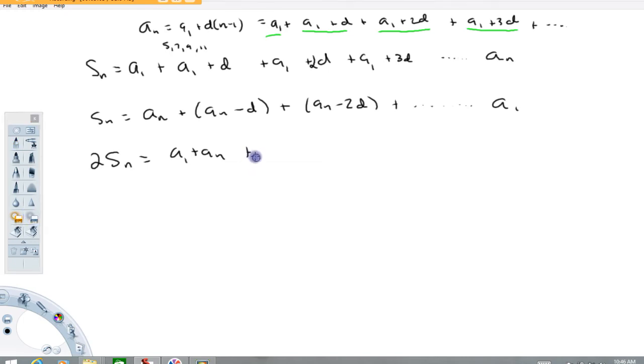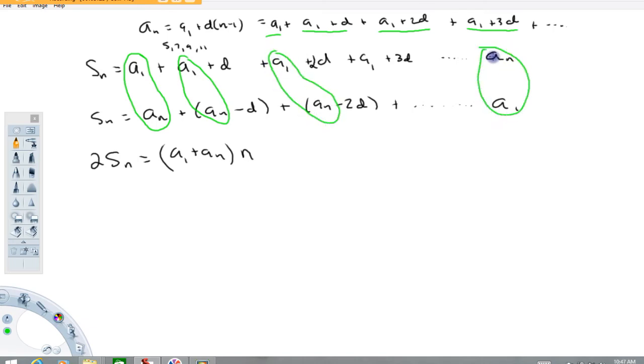So that sum is equal to A1 plus A sub n times n. Here's one of those sums, here's a second one, here's a third one, and this is going to go all the way until we have n of those. So A1 plus A sub n times n is the sum of all those terms.